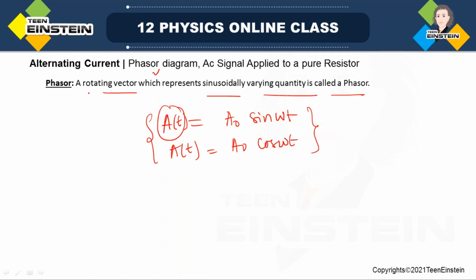As a definition, we can say a rotating vector which represents a sinusoidally varying quantity is called a phasor.